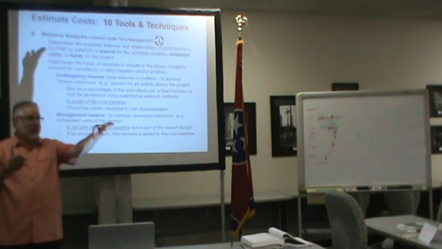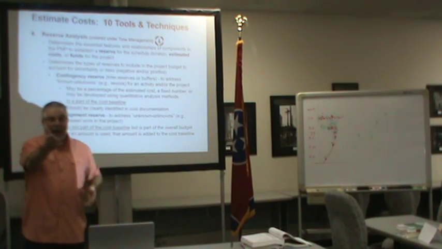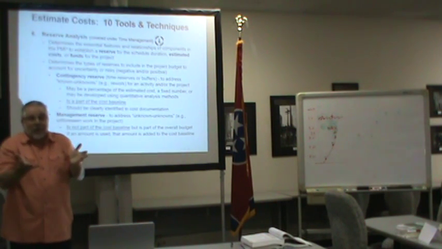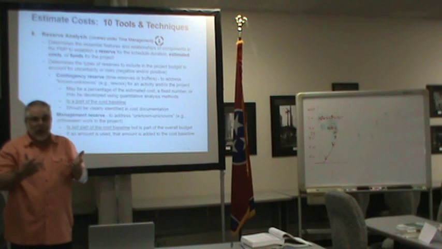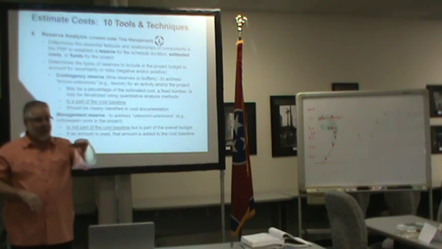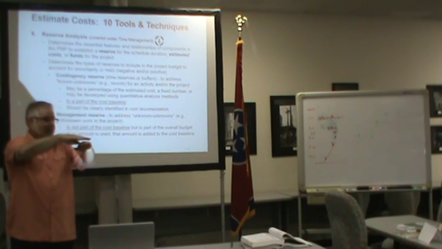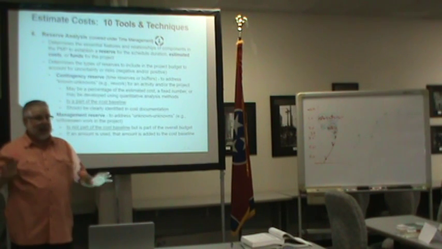Sure, and I think the way I heard that question is, do you ask them to give you a number that includes it, or do you ask them not to? There's something about the culture and the way you do business. And again, I've been in organizations that do it this way and then add, and I've been in organizations that do it this way and then subtract it and set it aside.